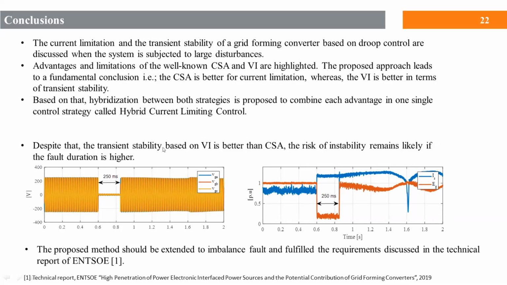However, despite the transient stability with VI being better than CSI, if the fault duration is higher than what we determined, then the risk of instability remains likely. So the bound should be improved, and then all the theoretical approach applied here should be extended to unbalanced fault, and try to fulfill, in fact, the requirement discussed in the last technical report of the INSOI.